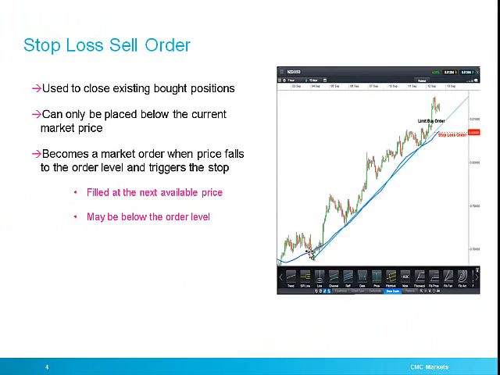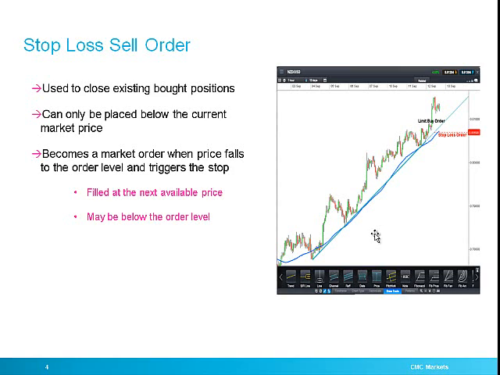Something to be aware of with stop loss orders though is that you're not guaranteed to get out at the level you set the stop at. The level that you set the stop at is a trigger to then execute a market order, and there might be times when the best available price at which a market order can be placed will be quite a bit worse than your stop loss trigger.